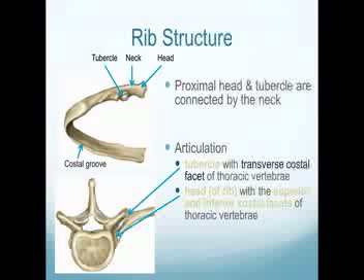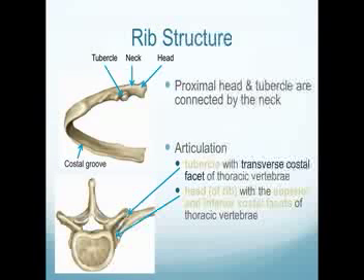Now, as we stated earlier, we had a superior and inferior, and then a lateral costal facet, or transverse costal facet, that are found on the thoracic vertebrae that are going to articulate with the tubercle and some features of the rib.